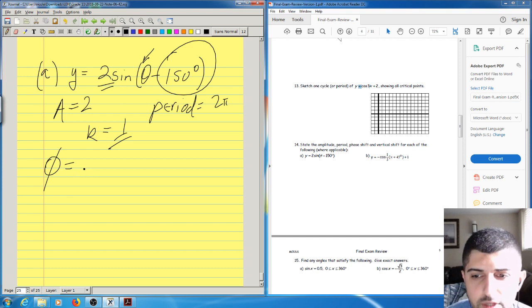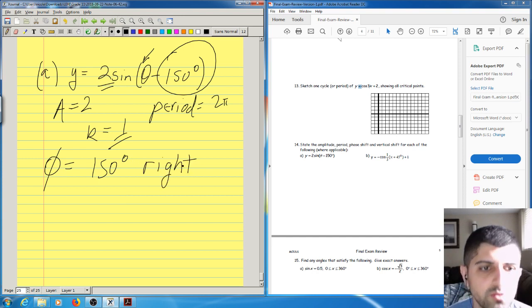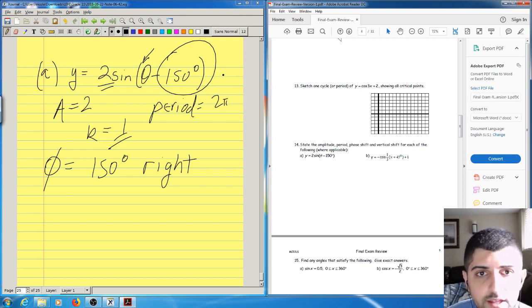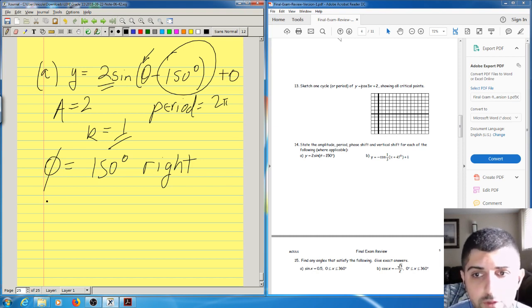I can't remember if you include the negative or not, but let's just say in this case it's 150 to the right. So I don't have to necessarily include any sign, I just say the direction. Minus means to the right. Vertical shift is a constant attached. There is no constant attached, so it's basically plus 0, so no vertical shift.